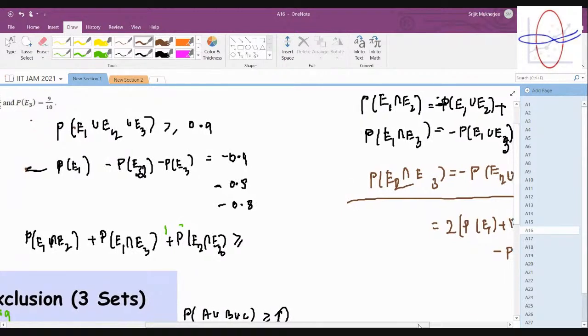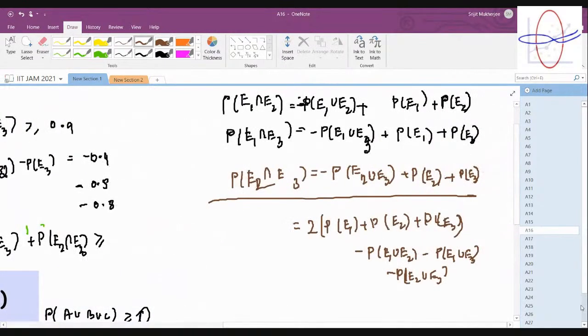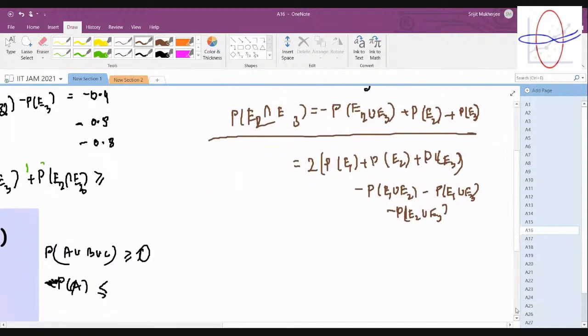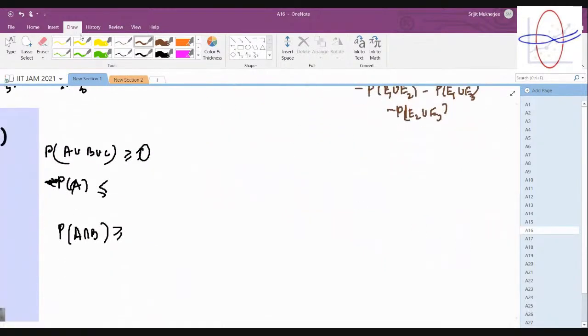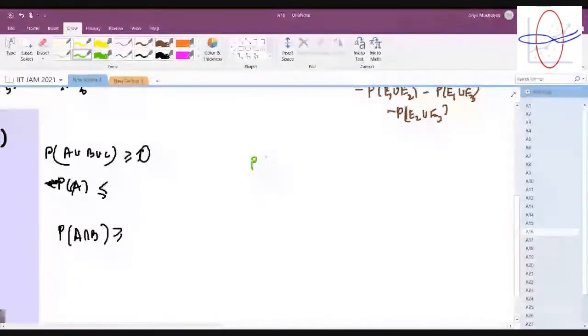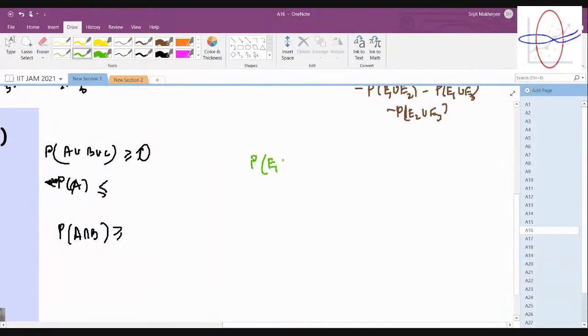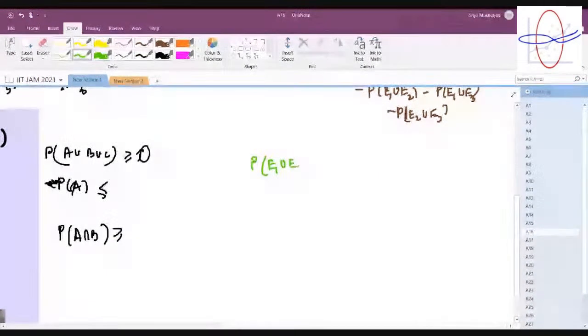So what we have over here is the sum of all this, probability of E1 union E2 union E3.